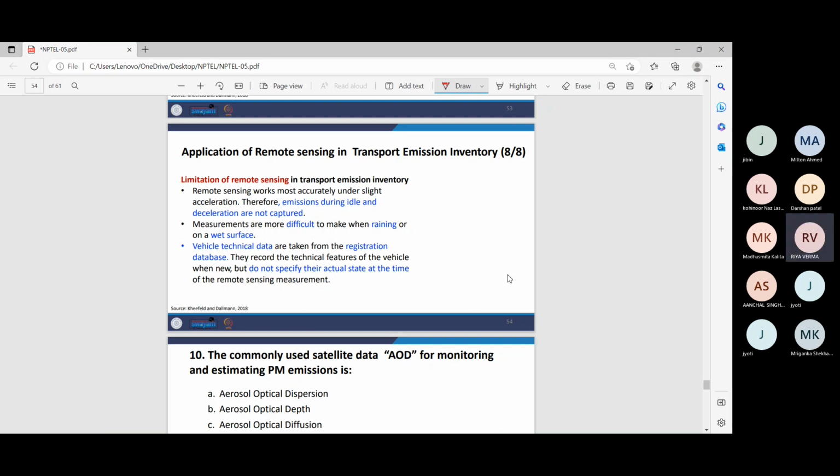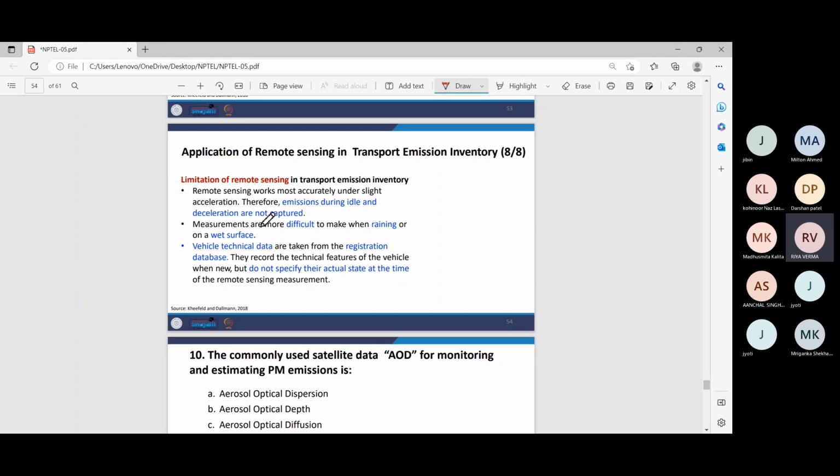Also, the measurements are more difficult to make in rainy conditions or when the surface is wet, because then there will be no proper reflection of the light rays, and it may hinder the reflection process. Then the vehicle technical data are taken from the registration database, and they record the features of the vehicle when it is new.